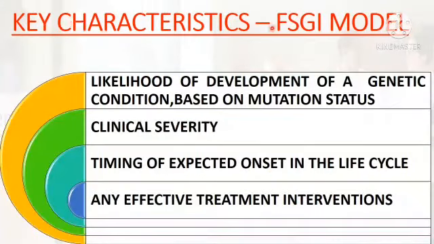What are the key characteristics of this FSGI model, the Family Systems Genetic Illness Model? The first key characteristic is the likelihood of development of a genetic condition based on the mutational status. So based on the mutation, we can tell whether this genetic condition is going to affect the next generation or not.